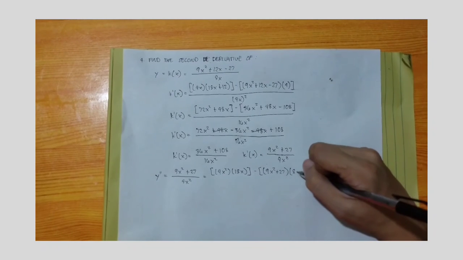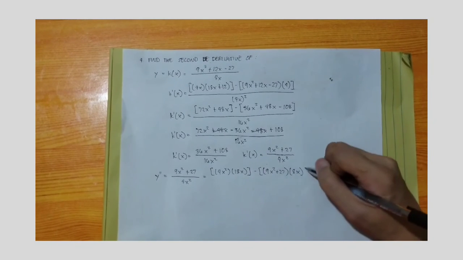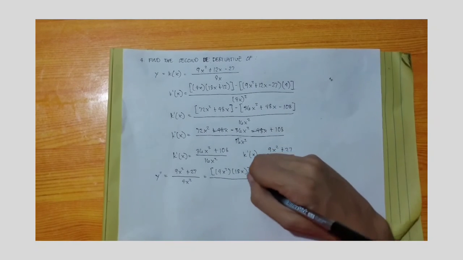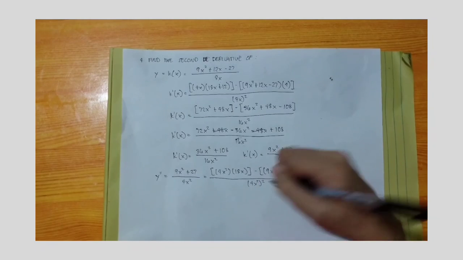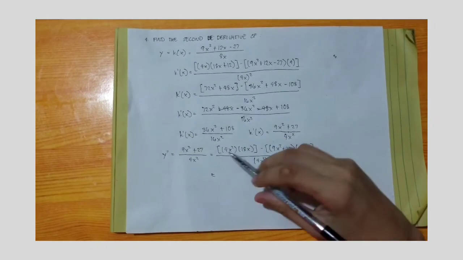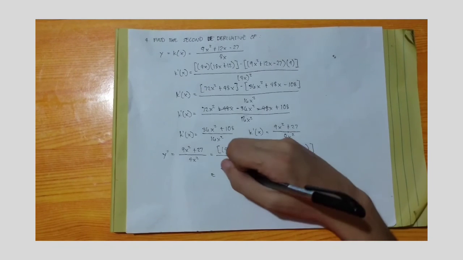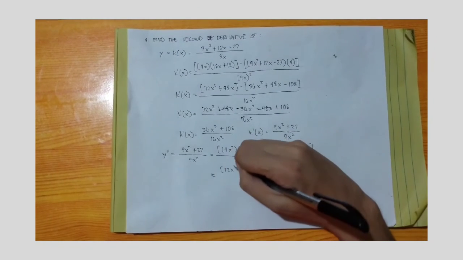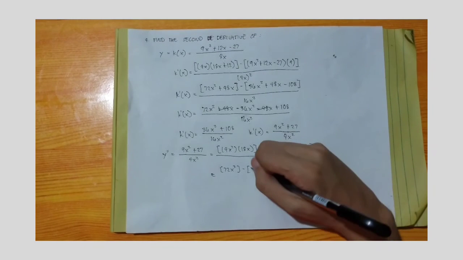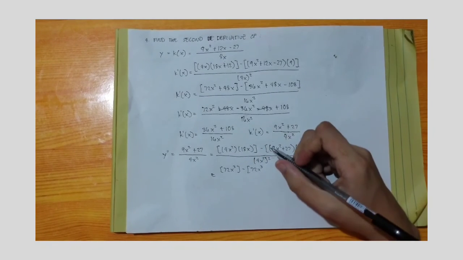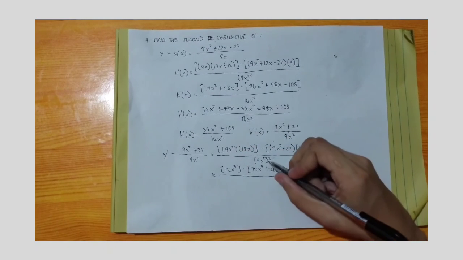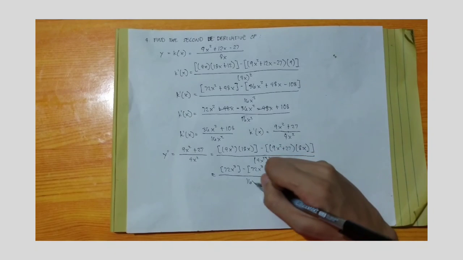So we will have 8x all over 4x squared raised to the power of 2. Then simplify this, we will have multiply 4x squared to 18x, therefore we will have 72x cubed, minus multiply 9x squared plus 27 to 8x, we will have 72x cubed plus 216x, all over 4x squared raised to the power of 2 is just equal to 16 raised to the power of 4.